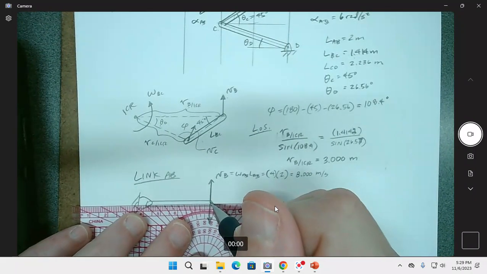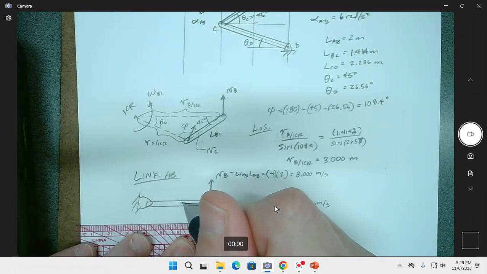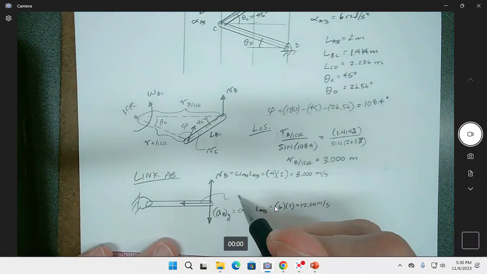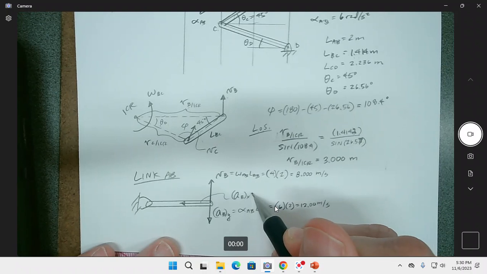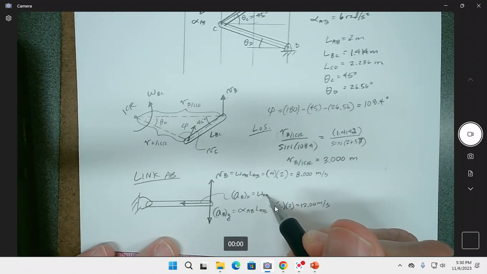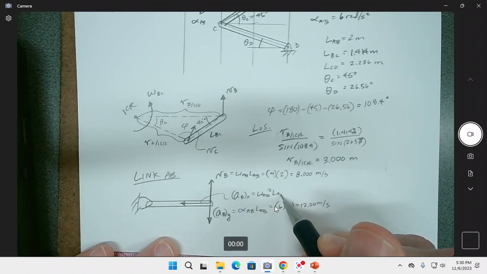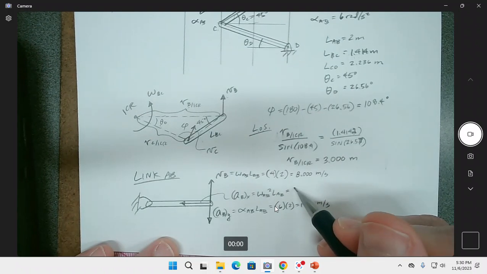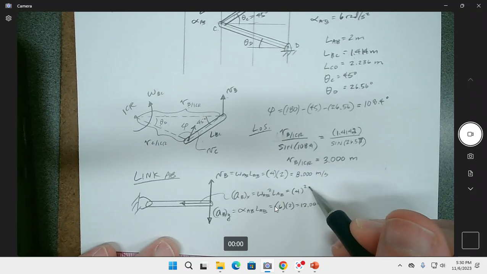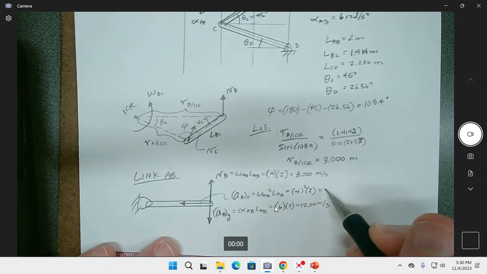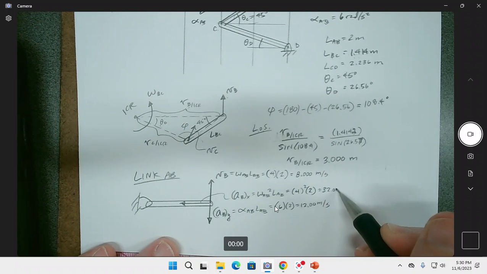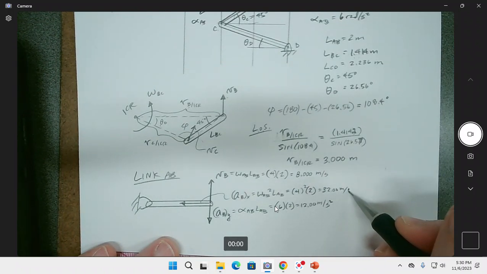And then you could also get the acceleration of B in the x direction, omega AB squared LAB. And this is 4, so that's 16 times 2, so it's 32 meters per second squared.